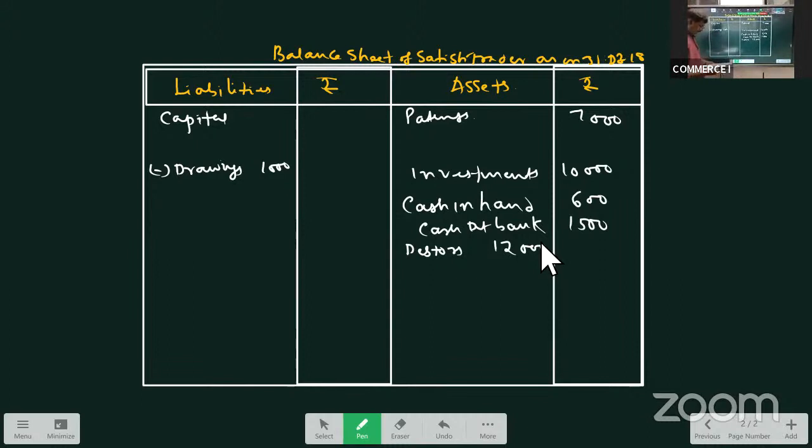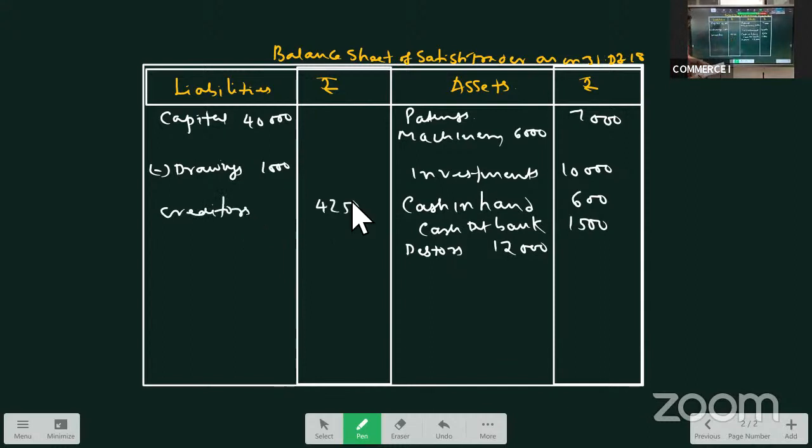Then discount, printing, machinery. Machinery is an asset. Machinery, I am writing again in the inner column. Why? Because we have depreciation. Coming to the credit side, sales, returns, capital 40,000. Then creditors. Creditors are a liability.